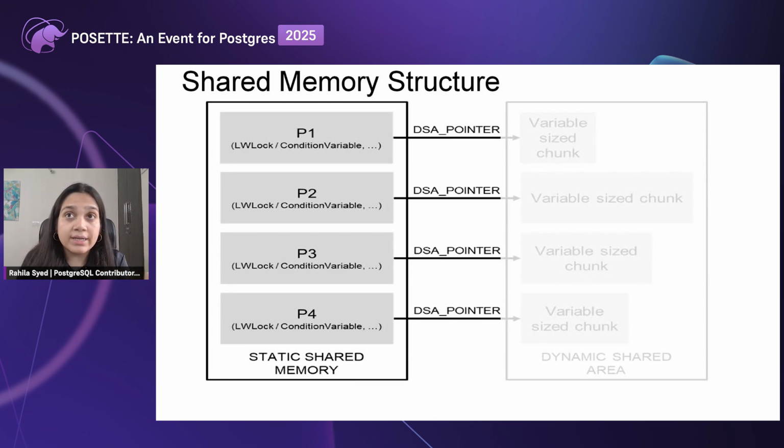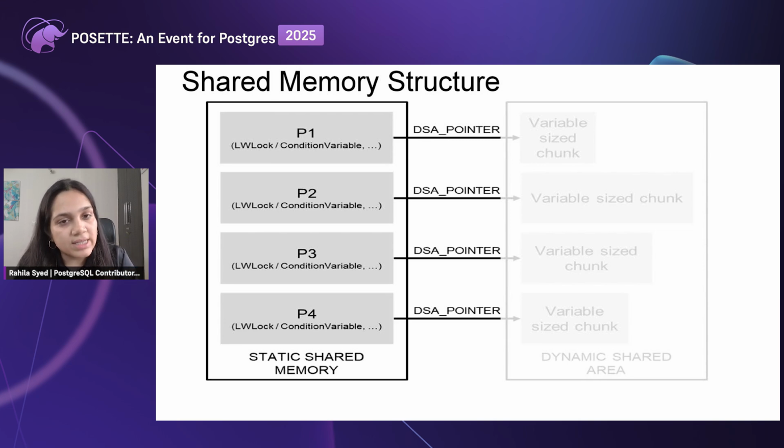It contains metadata about the actual stats which we store in the dynamic shared memory. It contains LW locks, condition variables. So LW locks can be used to govern access to the shared memory, the DSA stats. The condition variable can be used by a process to signal all the clients that are waiting for the memory to be copied by a particular process.